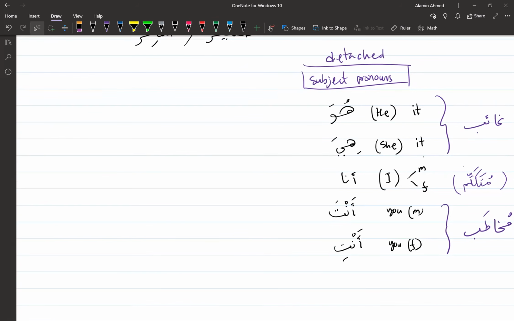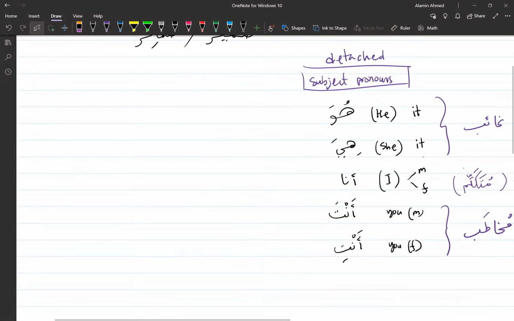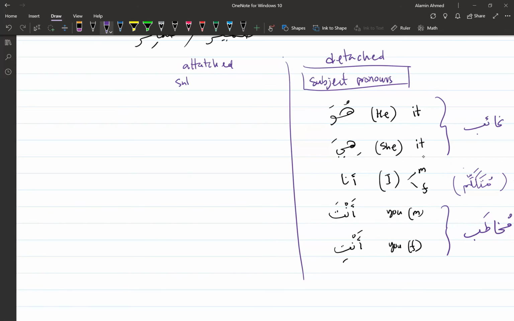Okay. Again, the way we deal with them in Arabic is by dividing into two categories, two camps. So we have detached, what we have here, and we have attached. We use the attached pronoun for your subject and also for your possessive.